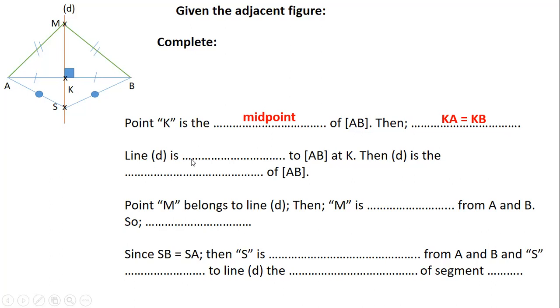When do we do this mark? When two lines are parallel or perpendicular? Perpendicular. Then line D is perpendicular to segment AB at K. Because it is perpendicular to segment AB at K, it becomes what, Julia?